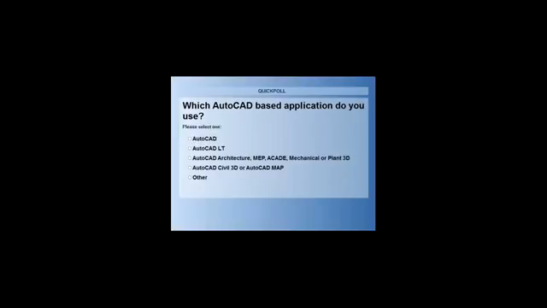So let's see what everyone is using these days. It looks like the bulk of you either use core AutoCAD or AutoCAD LT. So that's going to be really good for today since it's covering just 2D drafting. That'll be definitely helpful for those of you using LT.